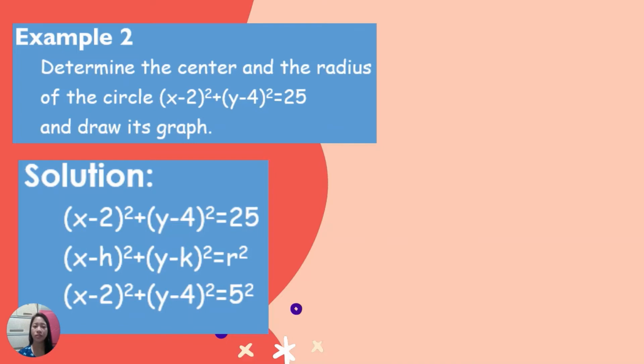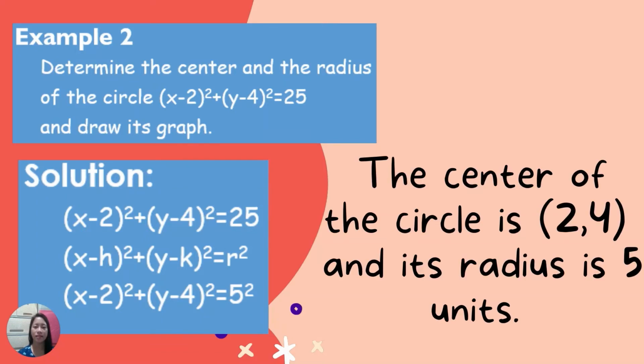For our solution, (x - 2)^2 + (y - 4)^2 = 25 can be written as (x - h)^2 + (y - k)^2 = r^2. Then, (x - 2)^2 + (y - 4)^2 = 5^2. The center of the circle is at (2, 4) and its radius is 5 units.